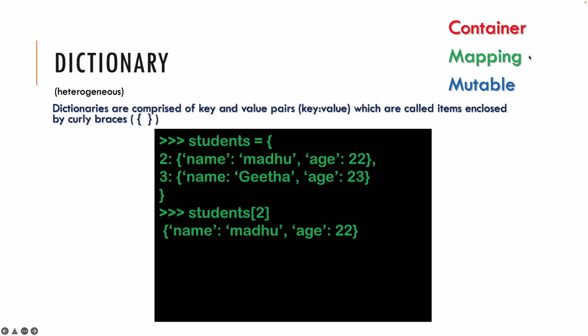So it is a container data type. It can contain multiple values of different data types, and it is a mapping data type, and it is mutable. Unlike sequence data types, where we use an index to retrieve elements, for a mapping data type, which is a dictionary, we use keys to retrieve values.